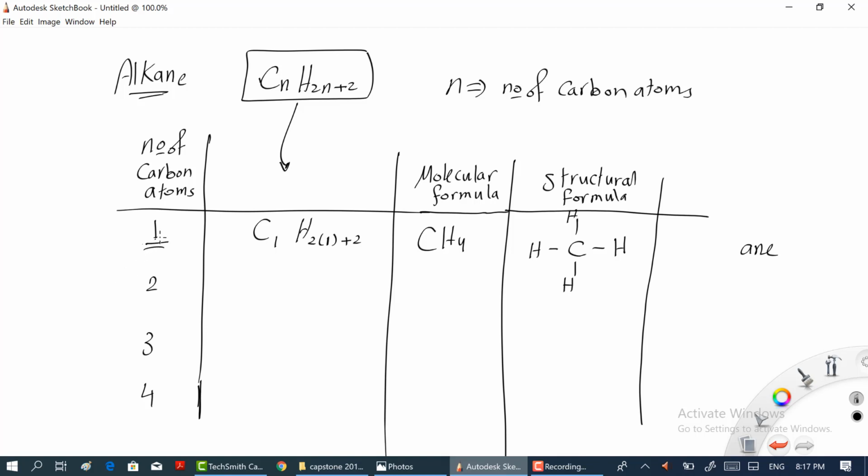In Latin, 1 means meth. So the name of this compound is methane. The second compound, CnH2n+2, will be C2H6. According to this, we will find C, single bond, C, H.